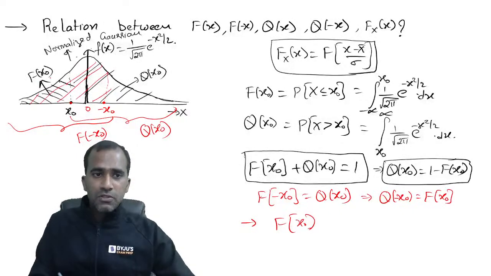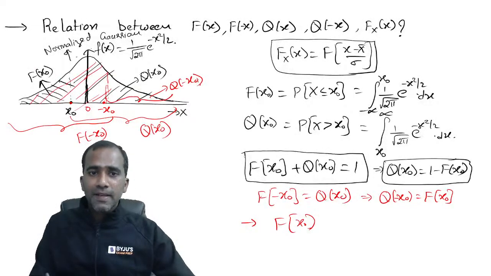This is F of x0. F of minus x0 means this total area. What is the relation between this area and this area? If you observe, this area is Q of minus x0.